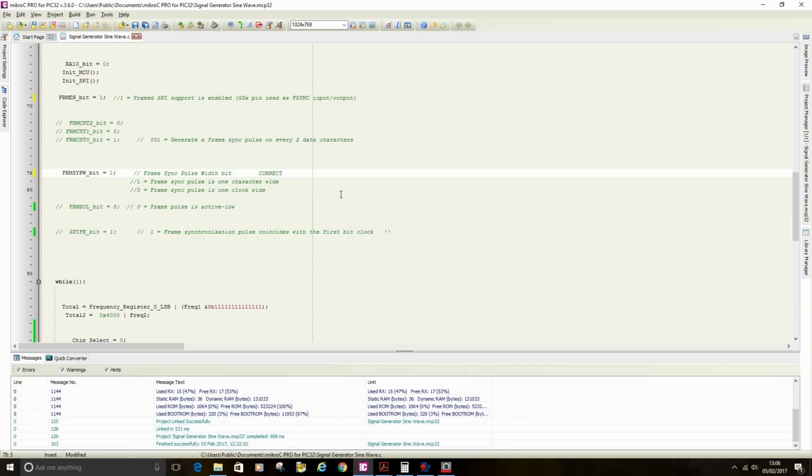So the character is, I'm trying to point at the screen again, the character is 16 bits wide, not 1 clock wide. Then frame pulse, just make sure it's active low, and then this bit here, got it working. Undelete that. Frame synchronization pulse coincides with the first bit of the clock.